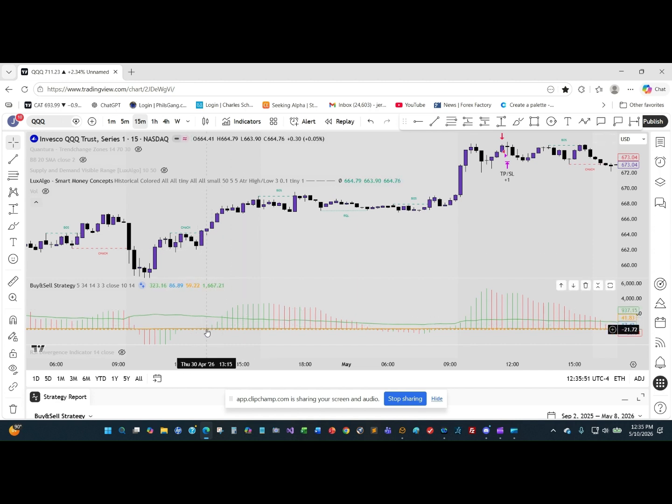You also got your first green bar right here on this other indicator. So you got two indicators saying, hey, Mr. Trader, something's happening. If you put your thinking cap on, you realize it's going up.